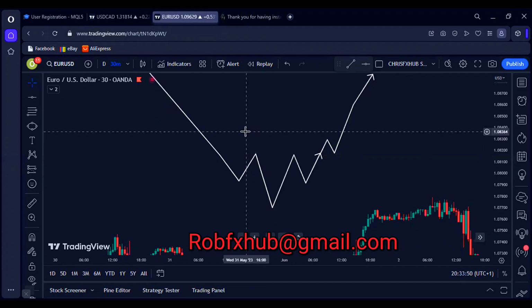So the pattern in which the exhaustion is formed, that is what differs. Sometimes the exhaustion can form in the form of a wedge, a triangle, a flag, or a head and shoulder pattern.